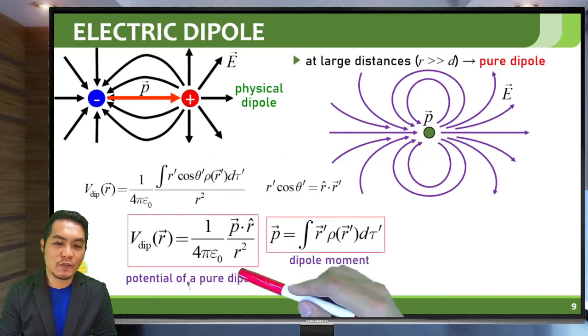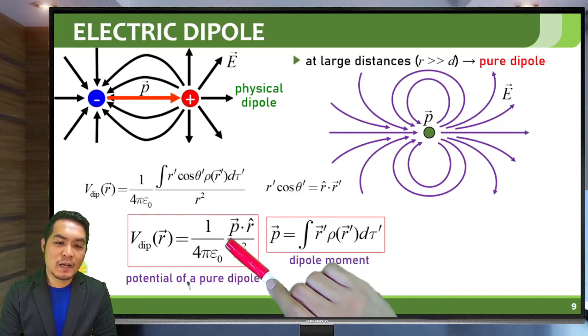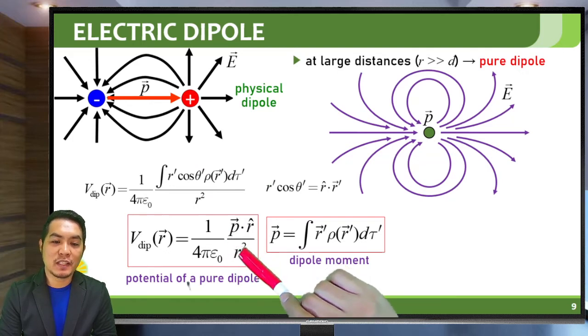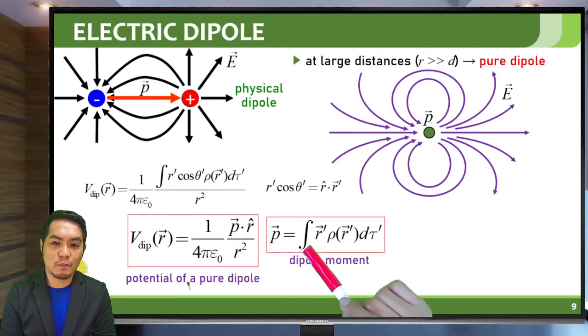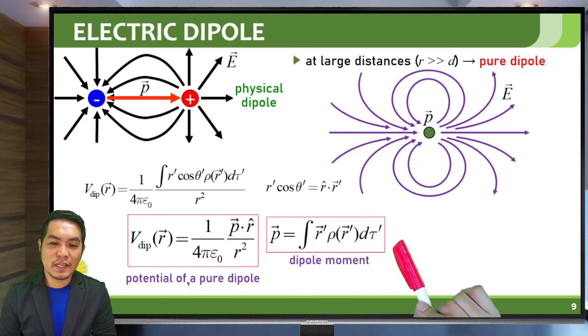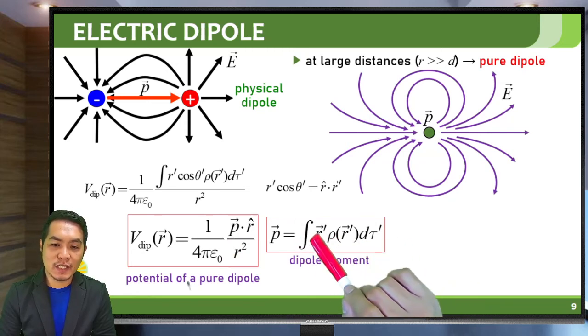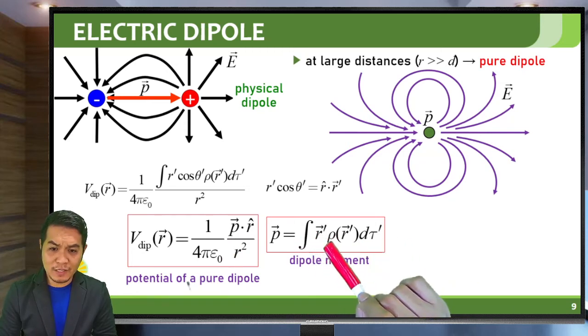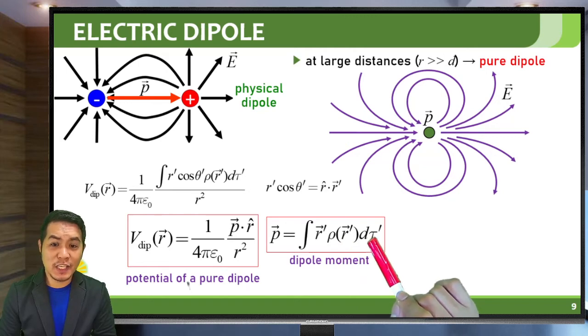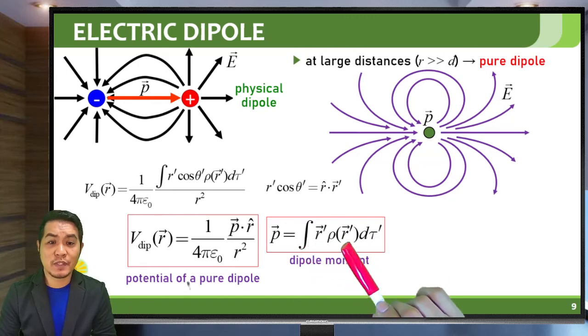So in general, if you have a pure dipole, its potential is just k p dot r hat over r squared, where p is defined by this dipole moment. Take note, this is just r prime, and rho d tau is basically just dq. So basically this is just r times q.